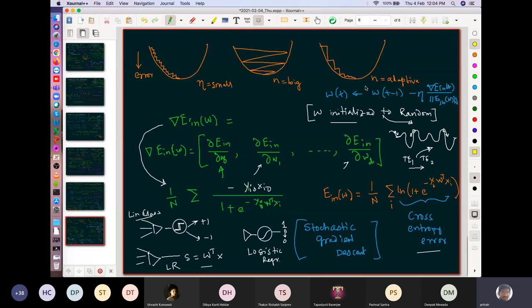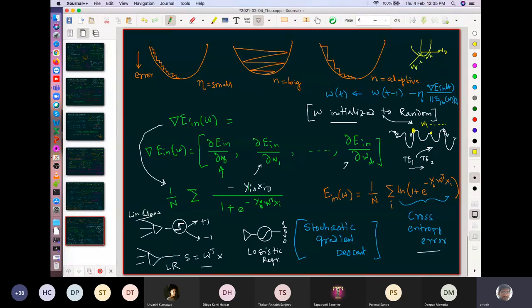Initializing W randomly is the most important, because your error, this gradient, is dependent on the values of W's. So the starting point is one particular initialization of W. You can start here with a different initialization of W vectors. If in three-dimensional space you look at the curve, this is your W0 and W1. If you start here, you will descend this side.